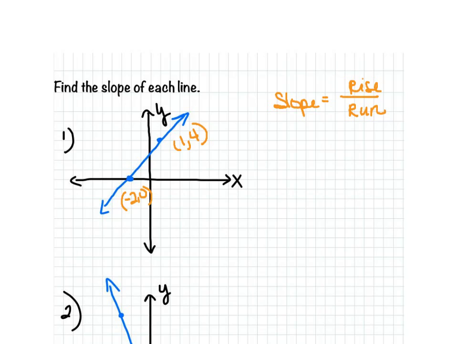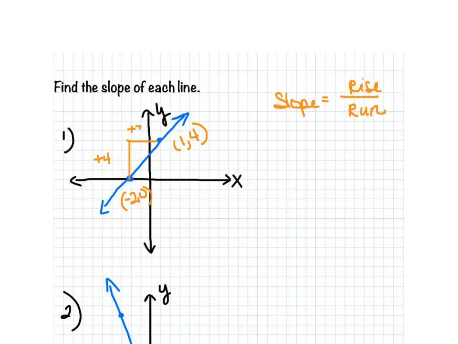Alright, so if you put your pencil on -2, 0, how many units do I rise to get to the next point on the line? Well, I'd have to rise +4. And then how many units will I run to get to that point?